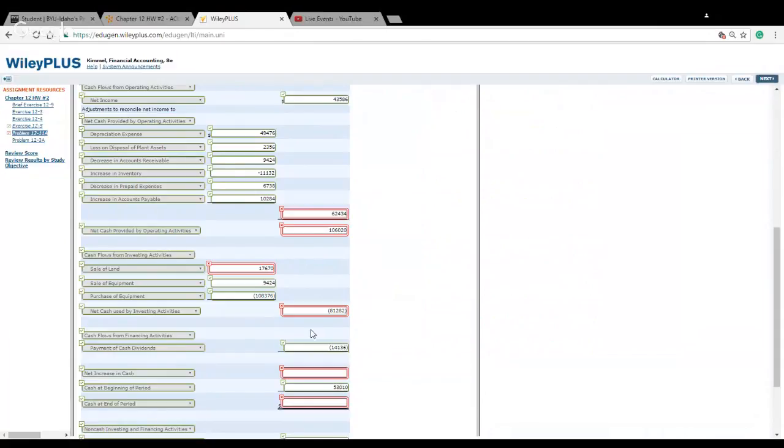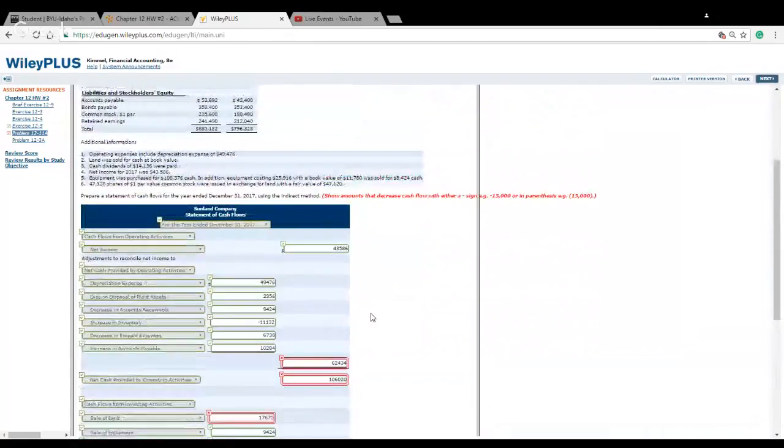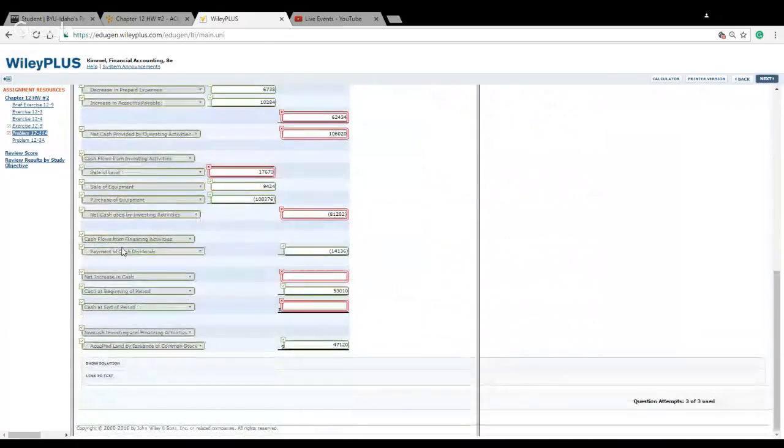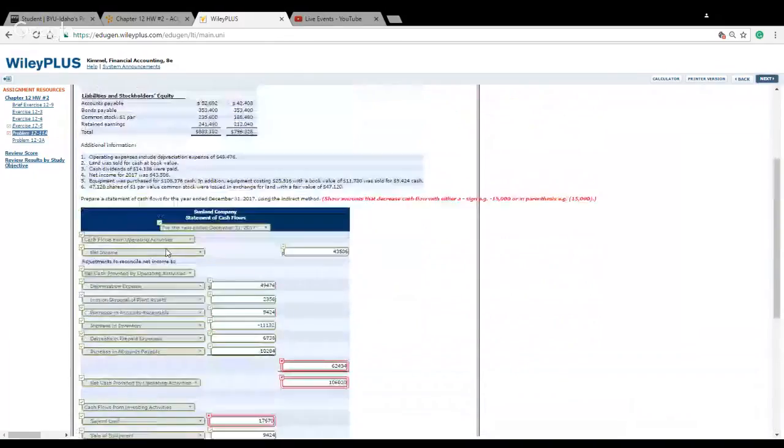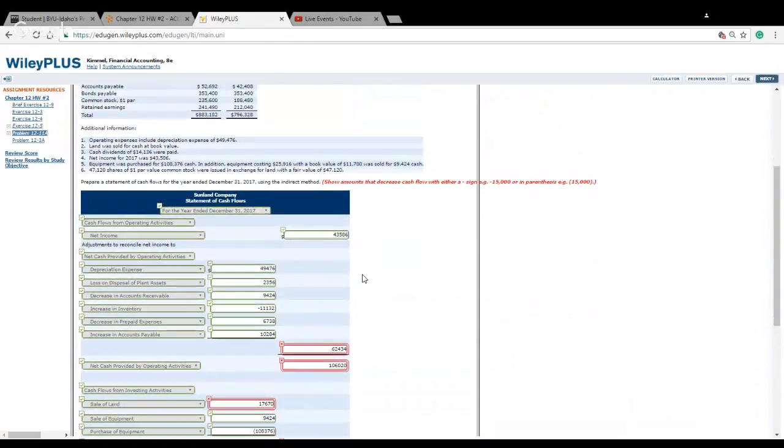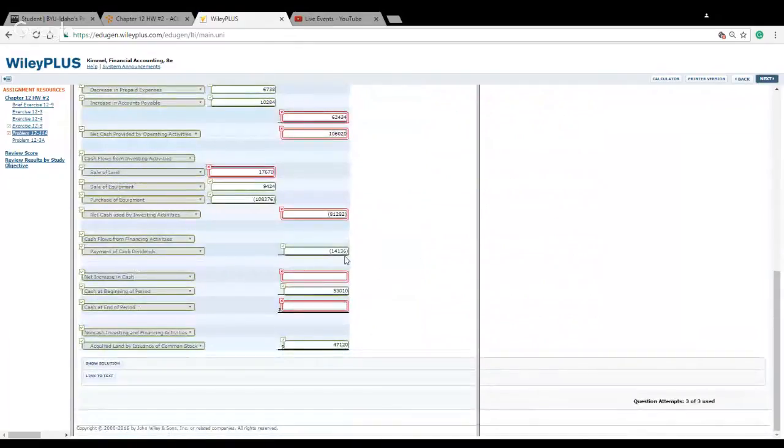And then cash flows from the financing activities, the only one that we're told of is the cash dividends. So 14,136 were paid, and that's what you would have had here.